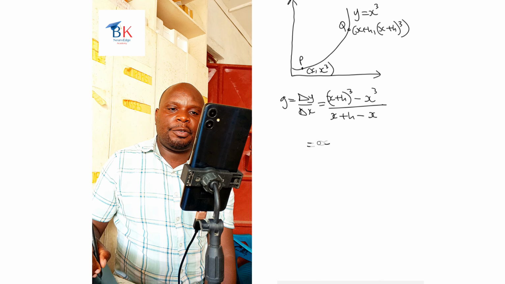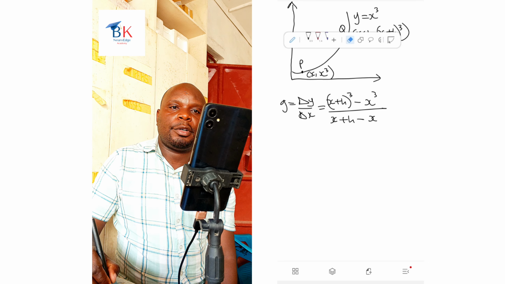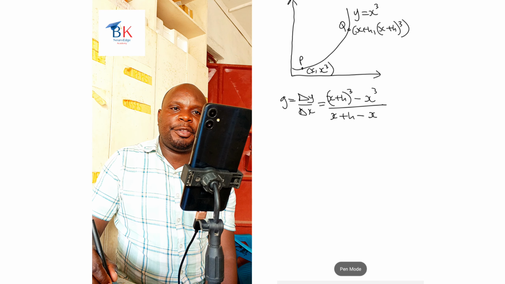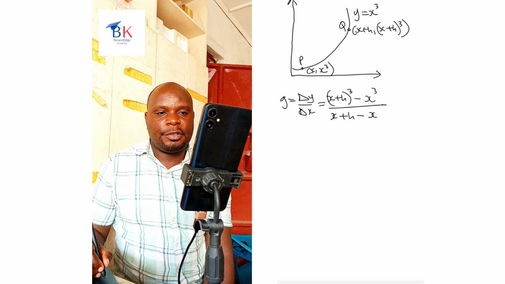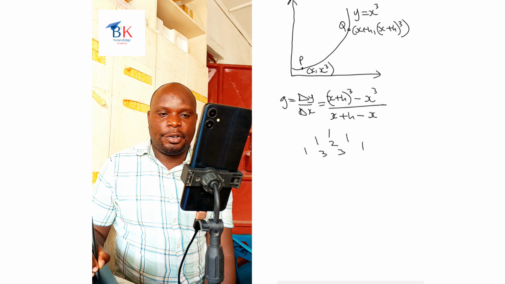We use binomial expansion, so we need coefficients. They are in the maths table, but you can generate them by just saying 1, 1, 1, 2, 1, 1, 3, 3, 1.